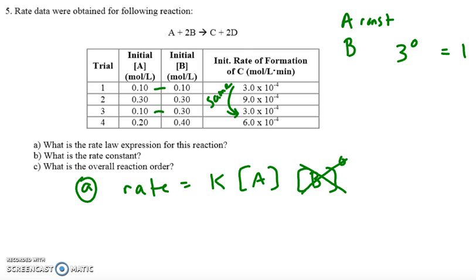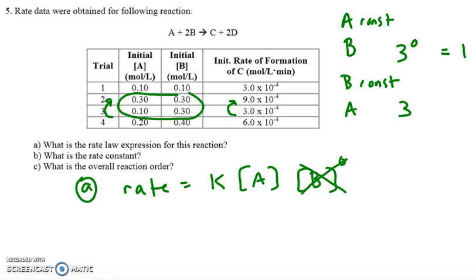All right, so now let's take a look where B is constant. What happens to A? Let's go back to our data table. Where B is constant, we see these 2 trials right here. And from trial 3 up to trial 2, we see that there is a tripling of A. So what is the resulting effect on the rate from trial 3 up to trial 2?